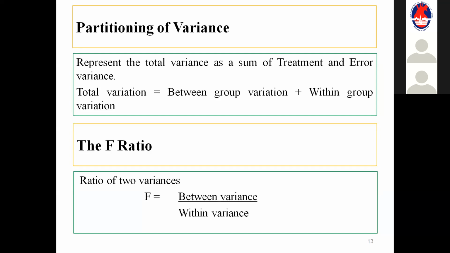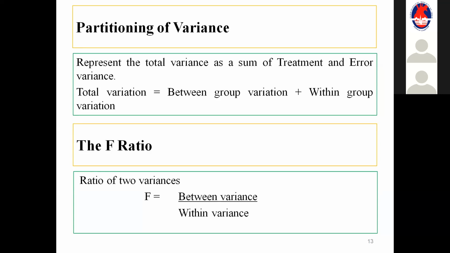The F distribution is a continuous probability distribution, which is defined from 0 to the positive side, so there is no negative value there. The equation of an F distributed random variable F is between variance divided by within variance.